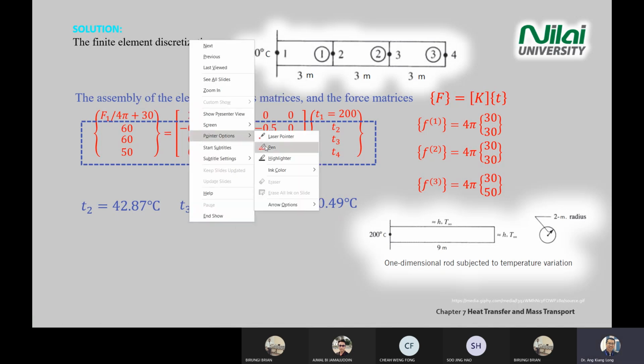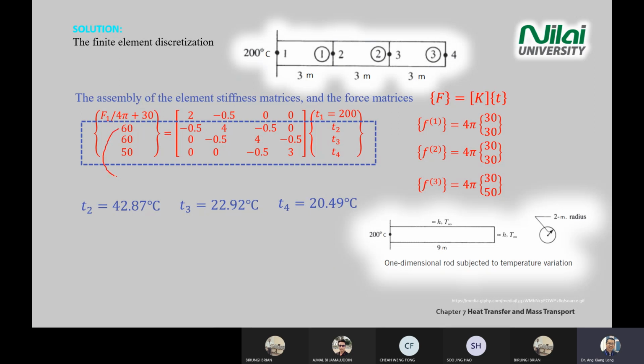Okay, how do you solve? Are you able to see the first equation? 60 equal minus 0.5 times T1 plus 4 T2 plus minus 0.5 T3 plus 0 T4.